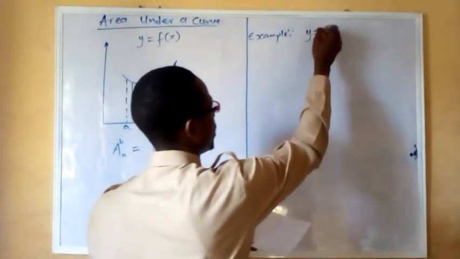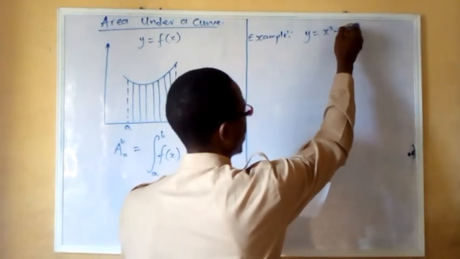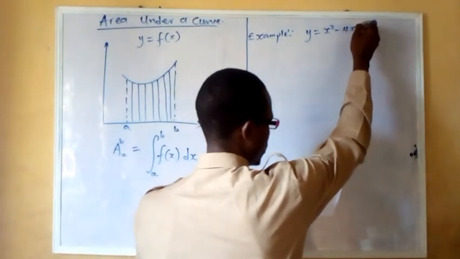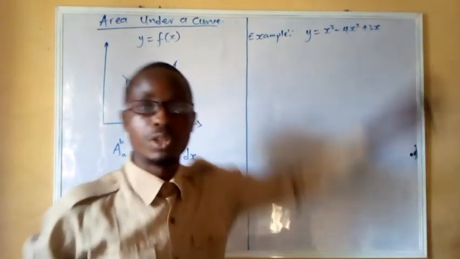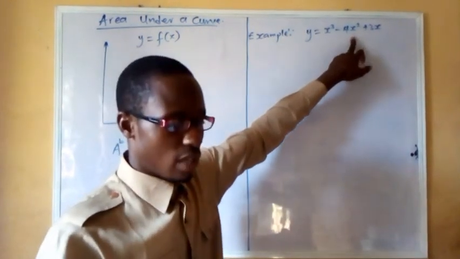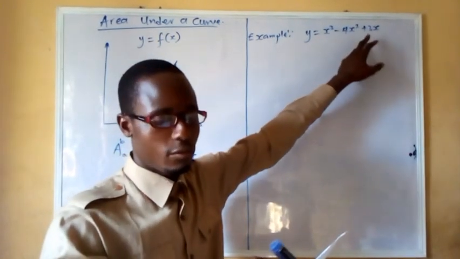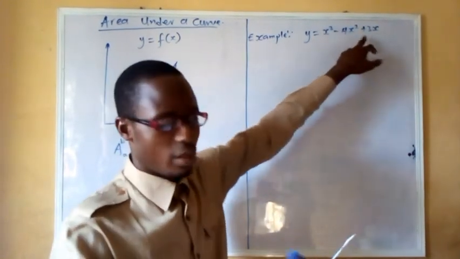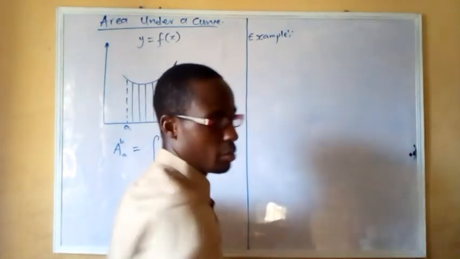The curve is y equals x cubed minus 4x squared plus 3x. This is actually the equation of the curve. Permit me to write the question so we'll be able to see it better.